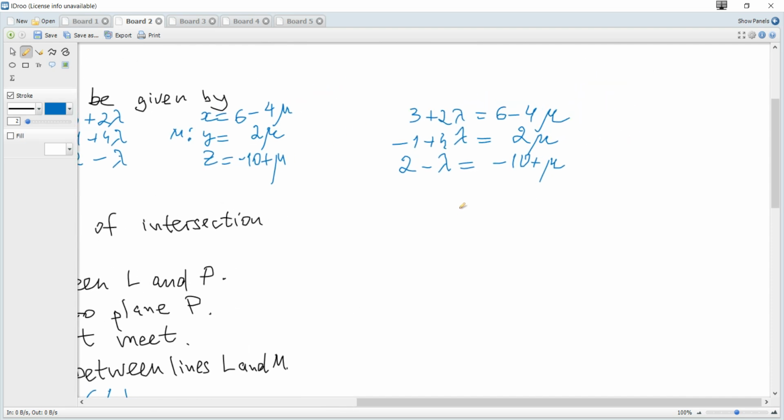Then we choose any two equations and we need to solve for lambda and mu.